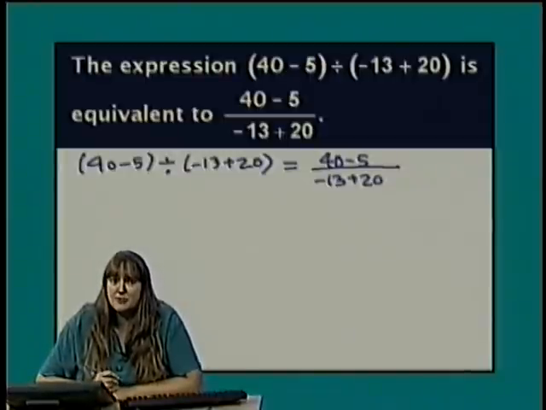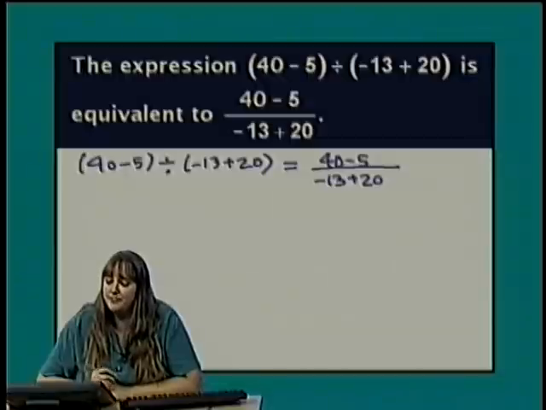A lot less symbols to write. In algebra, we often use fraction bars as opposed to the division symbol. In fact, very soon you're going to stop seeing the division symbol and start seeing the fraction bar a lot more often.